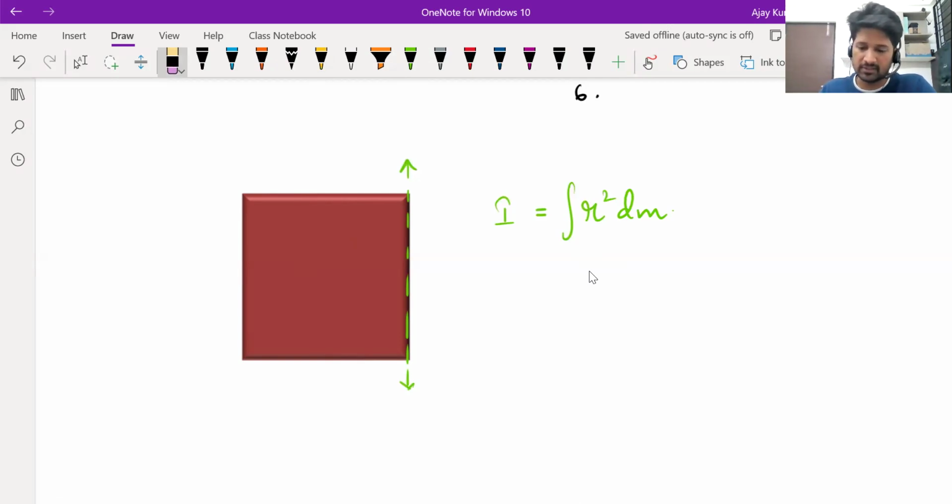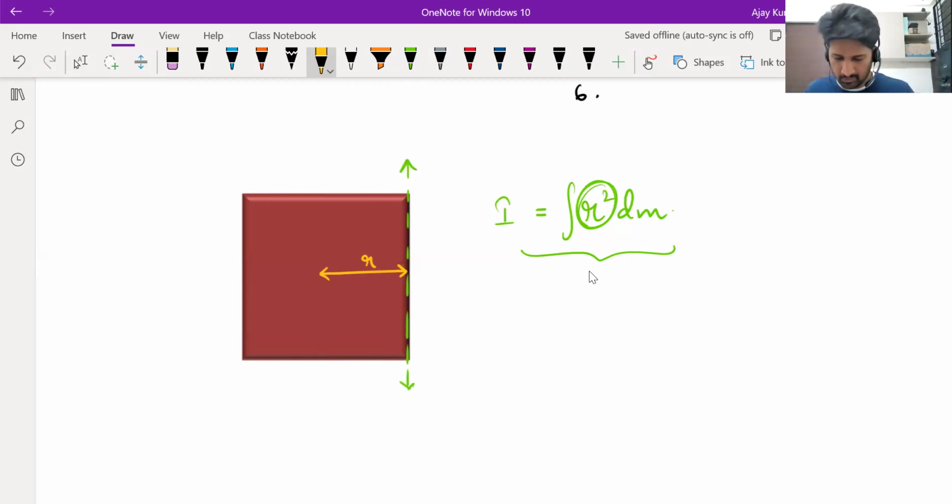What is the other way to apply this formula? Fix a distance first. Fix a certain distance from the axis, and at that distance, look at all the mass that is present. So let's fix some random distance from the axis like this, r. Now at that distance from the axis, how much mass is present? This entire mass is present from this line to the next line.